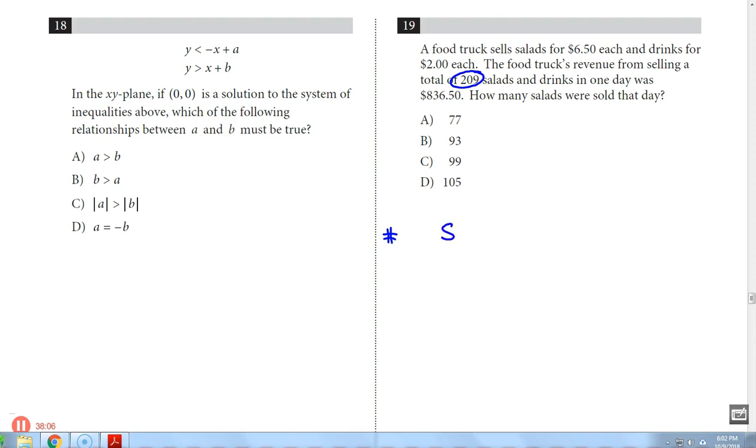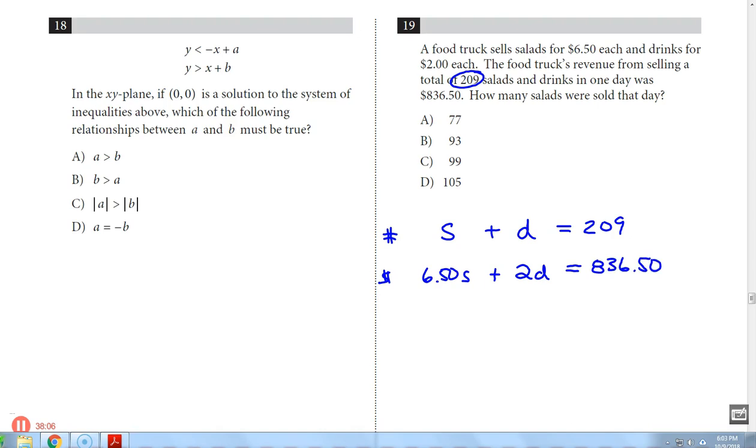So when I take the salads and add that to the drinks, I know that I have 209. Salads plus drinks equal 209. Then I'm going to have a money equation, and my money equation tells me what it's worth. So I'm going to have 6.50 S plus $2 times every drink came out to be $836.50. So this is a more traditional way of solving.